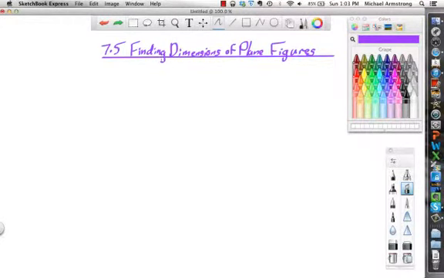So, for instance, the blue triangle of the Puerto Rican flag has an area of 390 square inches. So there's a triangle on the flag, and the triangle has a total area of 390 inches squared.